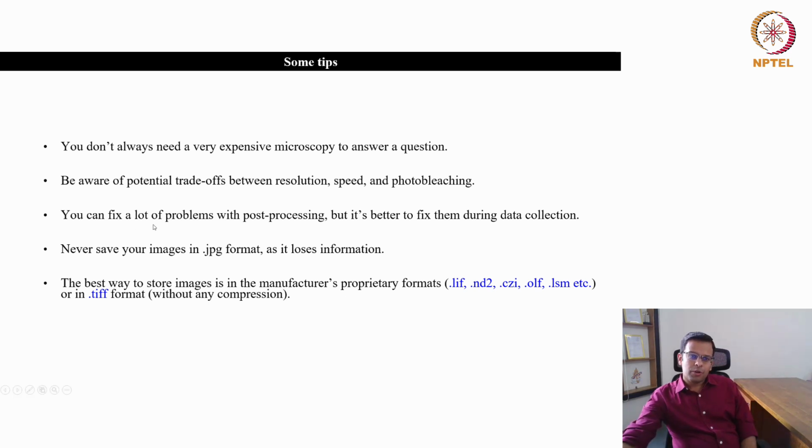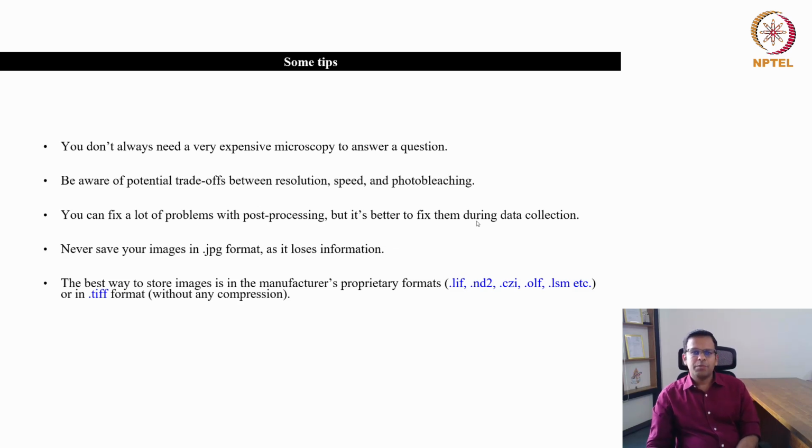You can fix a lot of problems with post-processing, but it's better to fix them during data collection. Okay, so these days there are several software modules available which can be used to make the image better after acquisition. So you may think, okay, let me just capture a poor image and then do the deconvolution to make it look better. But that's not the correct way.